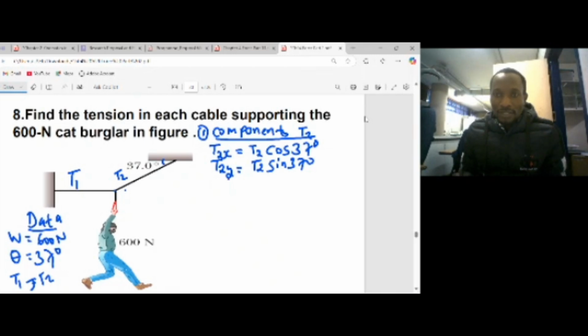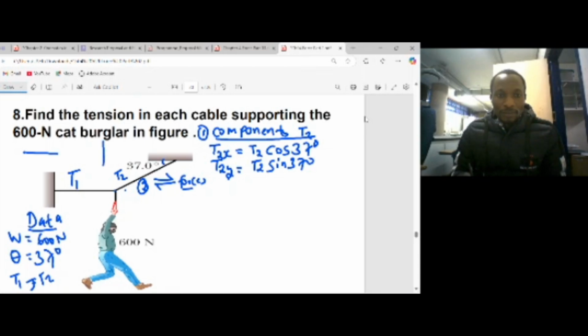Once we have written the components of T2, the next thing is to write the forces at equilibrium. If you want to look at forces at equilibrium, we look at horizontal forces, meaning forces on the x-axis, and also vertical forces.